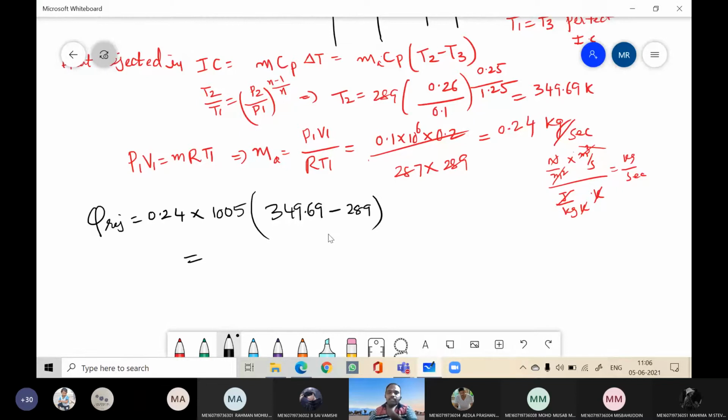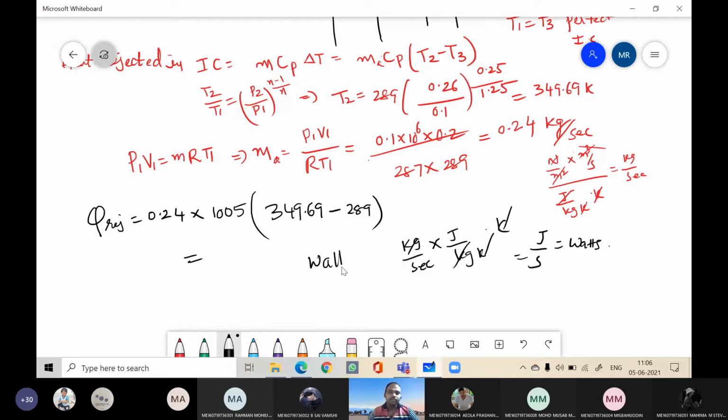So the units will balance: kg per second into joules per kg Kelvin into Kelvin. Therefore, heat rejected will be in terms of joules per second, nothing but watts.